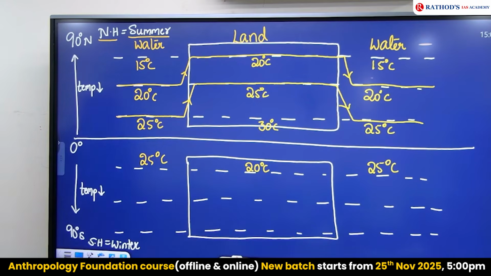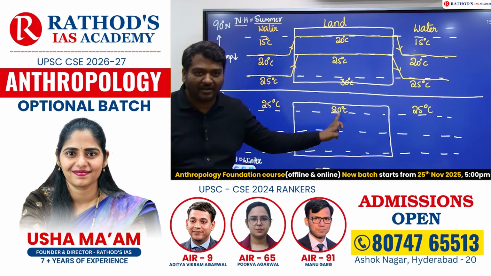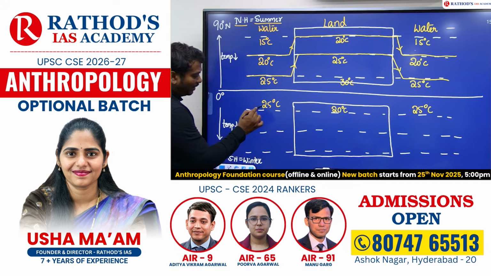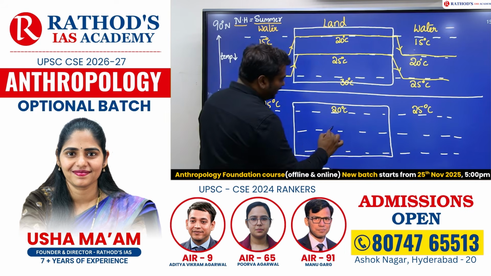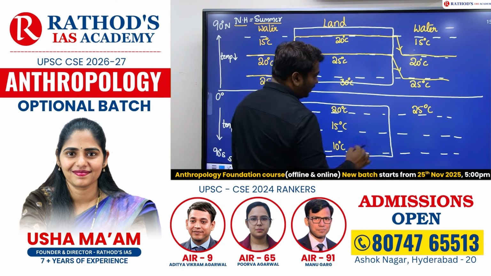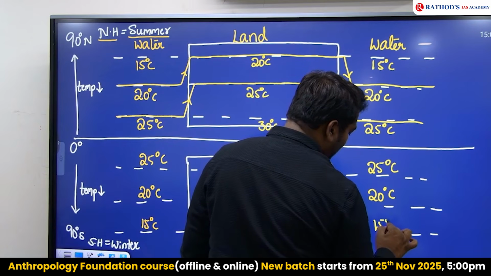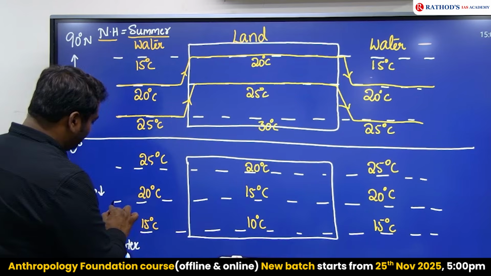What is the meaning of that? Water is hotter compared to land during winter season. And then if I go towards the poles, 25 will become 20, 15 degrees. 20 will become 15, 10 degrees. 25 will become 20, 15 degrees. Right? Now you tell me, how does it look?